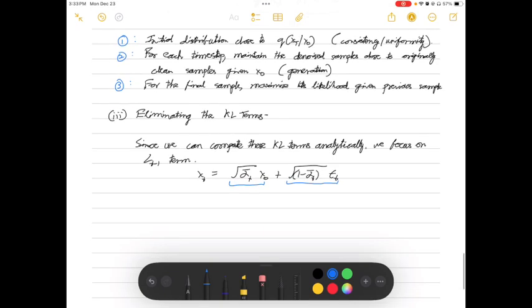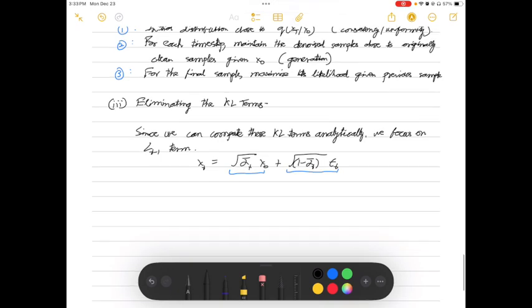I can write the mean as mu tilde t of x_t and x naught is 1 upon root over alpha t times x_t minus beta t over root over 1 minus alpha bar t times epsilon.